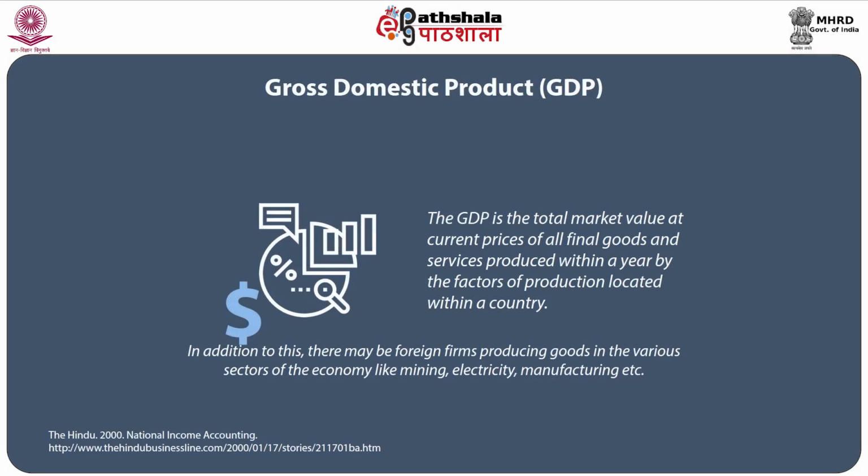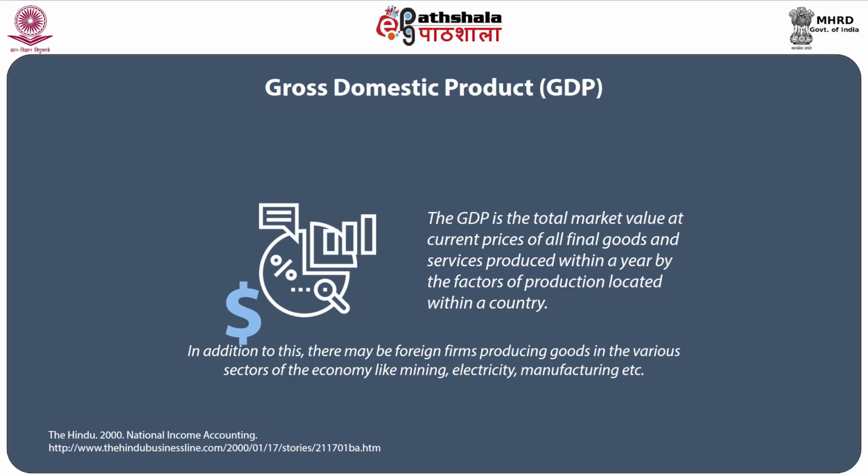Let us discuss gross domestic product, GDP. The GDP is the total market value at current prices of all final goods and services produced within a year by the factors of production located within a country.